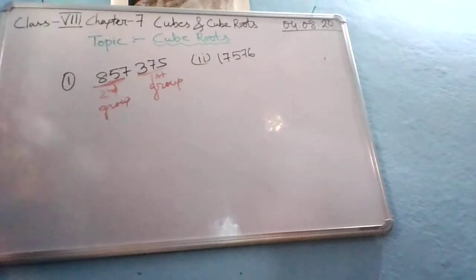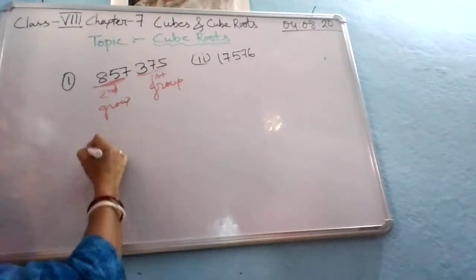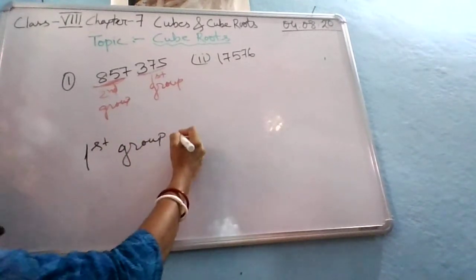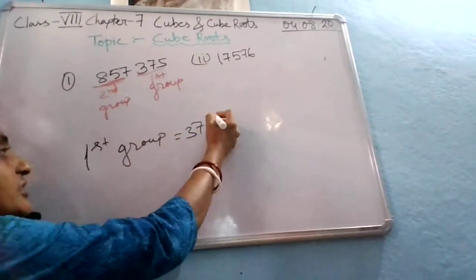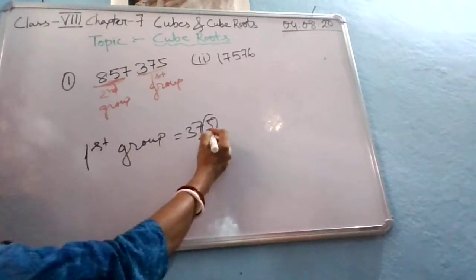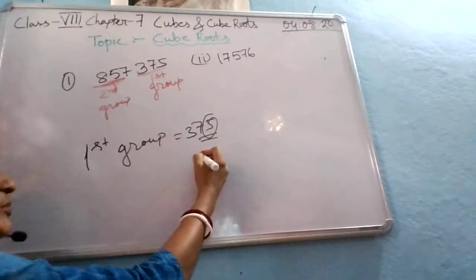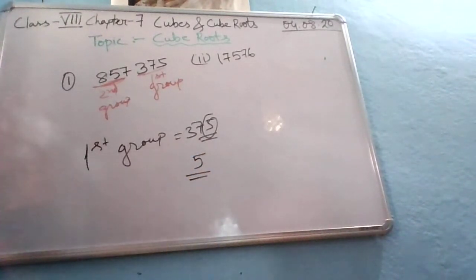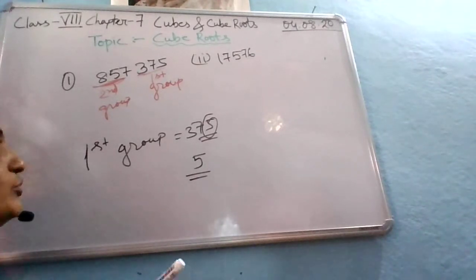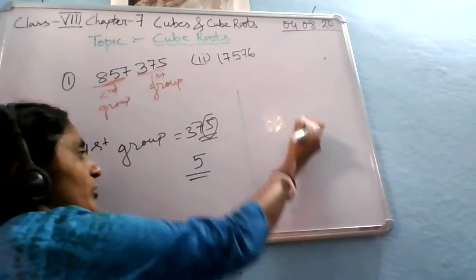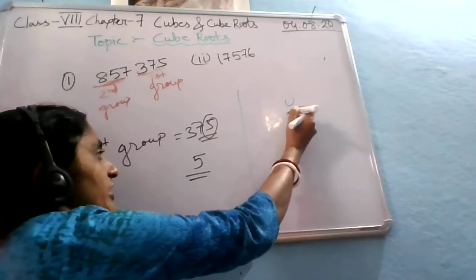For the first group, our number is 375. That 375 ends with 5, so this is the unit place, so it must be the cube of 5. For the unit place, in the answer column I will write 5.